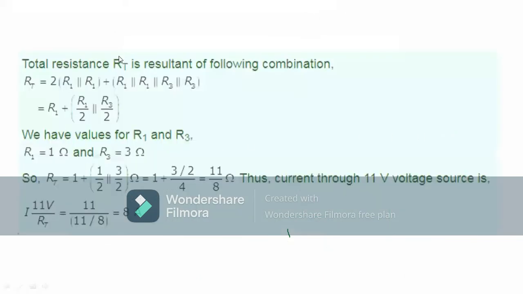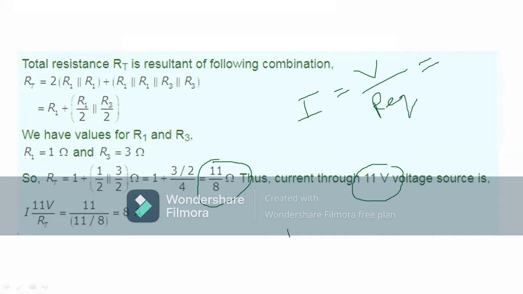Yes. See, I am getting R equivalent is equal to 11 by 8 ohm. And the voltage is given as 11 volt. So I is equal to V by R equivalent. Voltage is how much? Of course, it's 11 divided by R equivalent, which is 11 by 8.